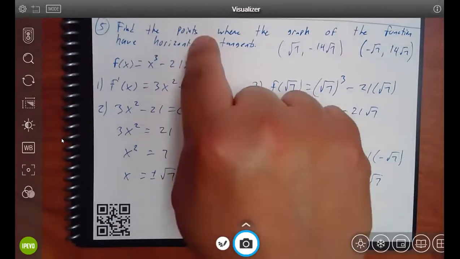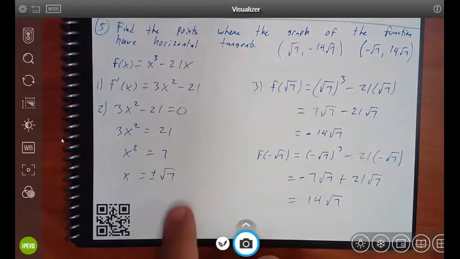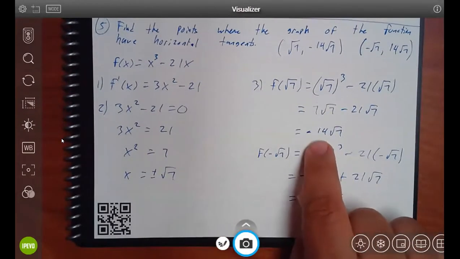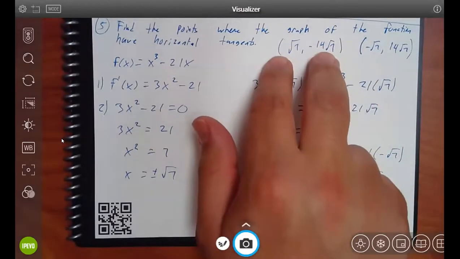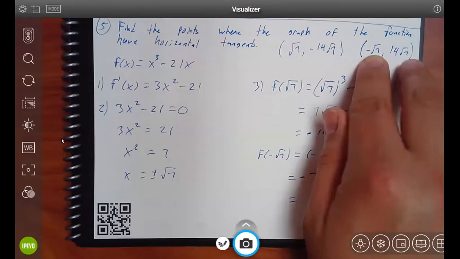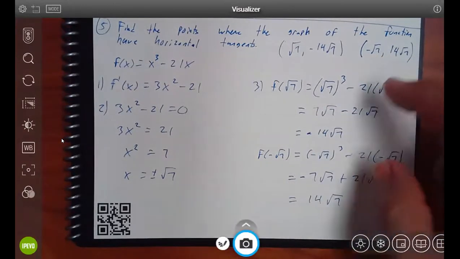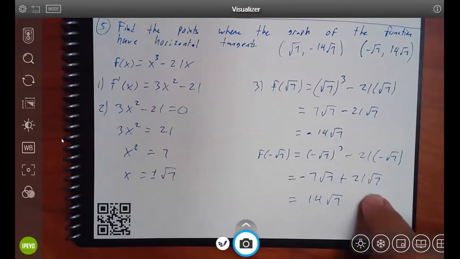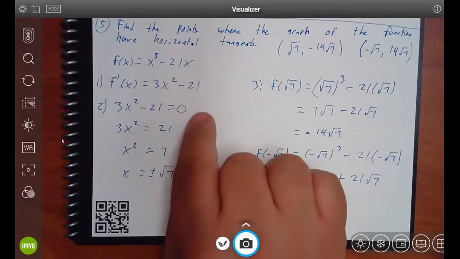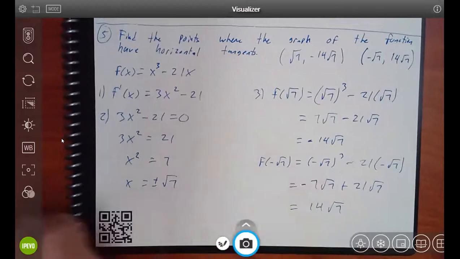But the answer is points, which means you have to plug it in to the original function to find the point. So this is the y value, so you get the x and y. I found the x earlier, so plug in that one and you find this one. So right here, just plug in the numbers, find the points. X values are found with the derivative set to 0. That makes sense?